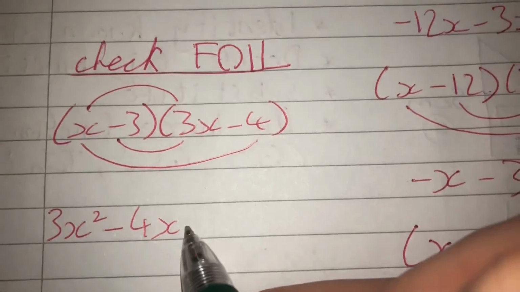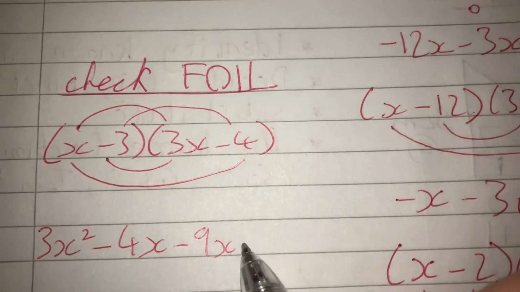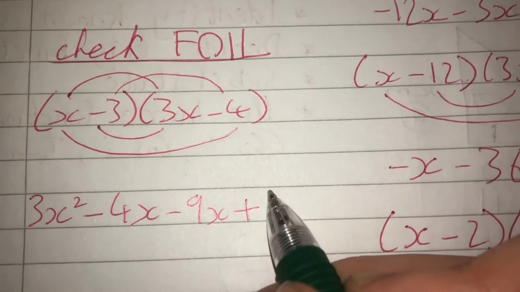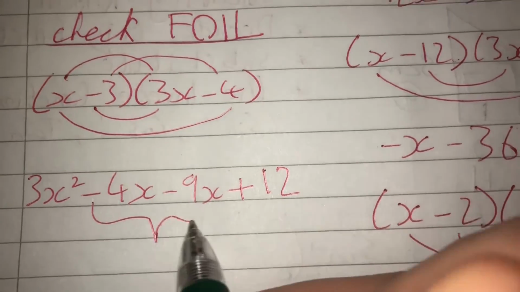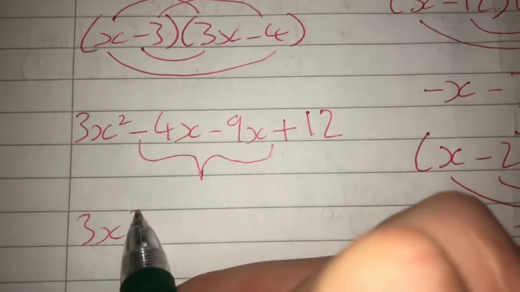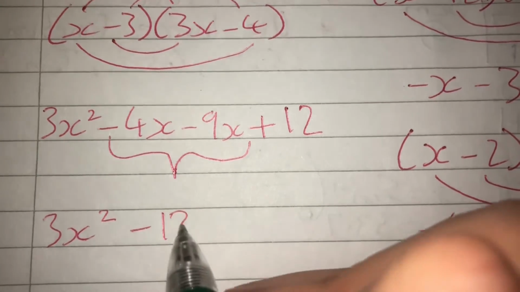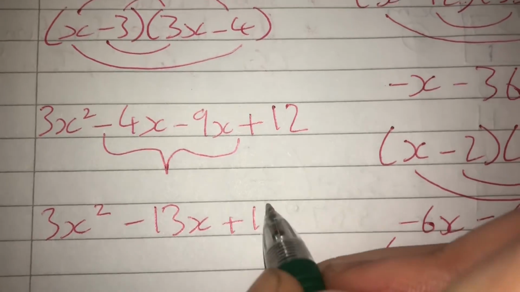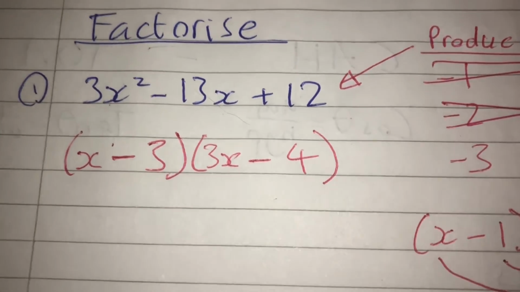Minus 3 times 3x is minus 9x. Minus 3 times minus 4, multiplying two negatives gives me a positive 12 because it's 3 times 4. Okay, collect the like terms in the middle. So I've got 3x squared at the start, minus 4 take away 9 is minus 13x, and I've got my plus 12 at the end, which is what I started out with. So this is in fact my answer.